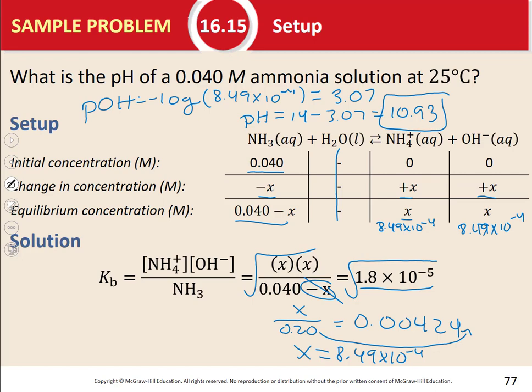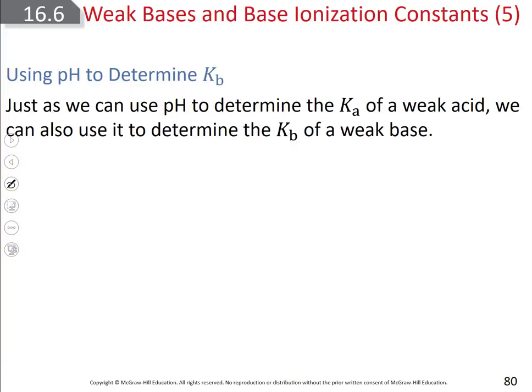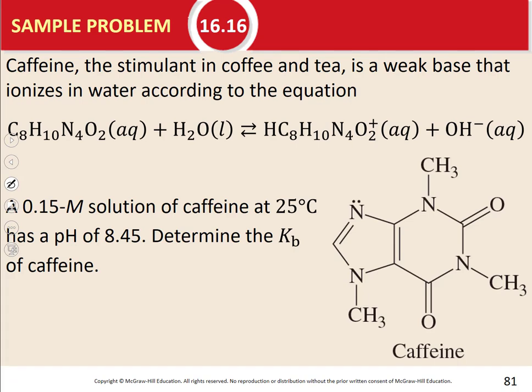All right, so just like we did with the last one, with the acids, you can also use the pH to find the Kb of a base. Exact same thing. So let's just look at this problem. Caffeine. Caffeine is a stimulant found in coffee or tea or some other substances. It's a weak base.